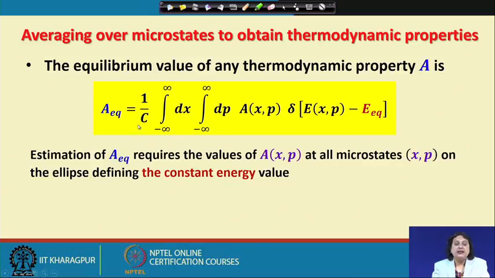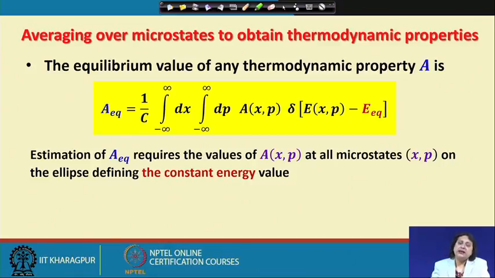Here C takes care of the fact that I am integrating over the phase space, and the average value should not have any additional dimensions arising from this averaging procedure. As a result, the normalization constant takes care of that.